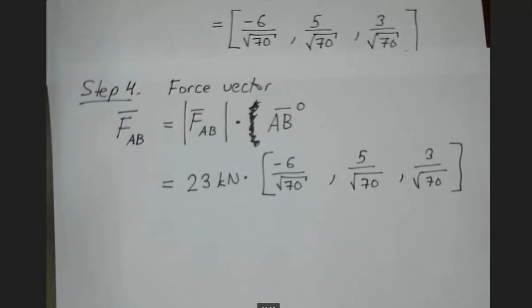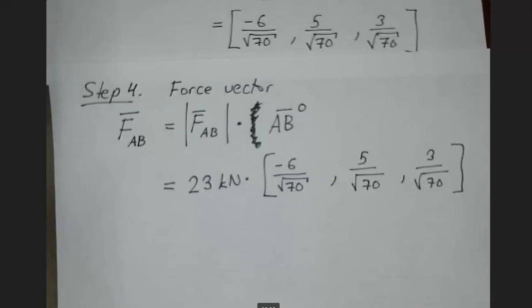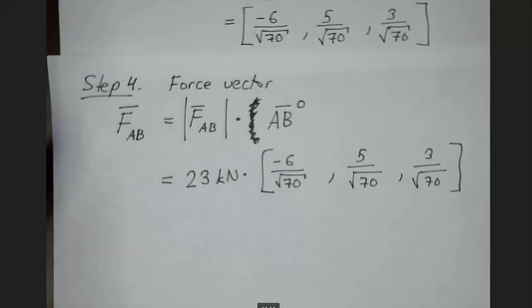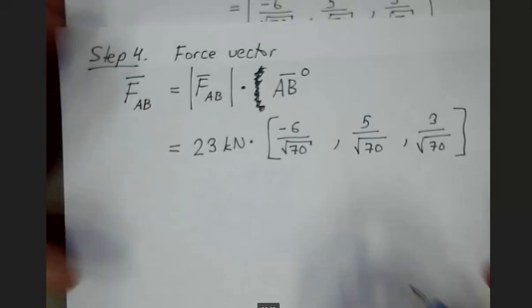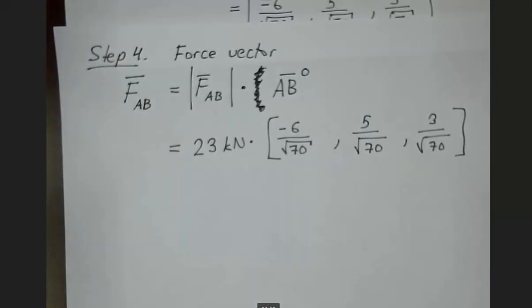And really, when we are calculating with forces which act in three-dimensional space, then we need to use this kind of things every time we are calculating with those force vectors. This is not a very nice thing, but actually there are no easier methods, in my opinion.